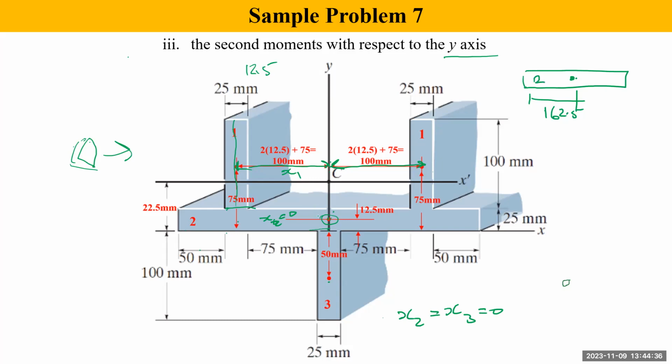But the thing is, the distance between the y-axis and that axis is 0. So there's no point between it, so it's 0. That's how we get x2 as 0, but we also get x3 as 0 because it's the same thing. When you have this drawn down here, the center of this thing is right here, running straight where the y-axis runs.